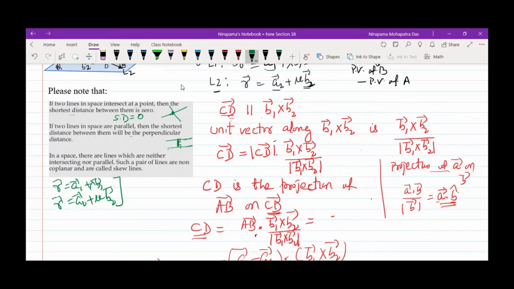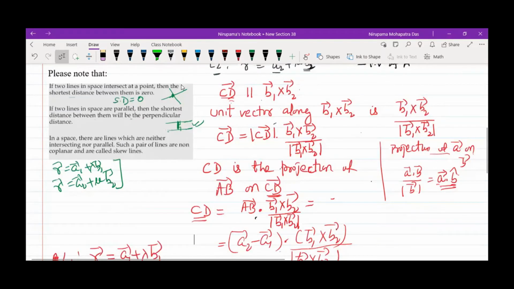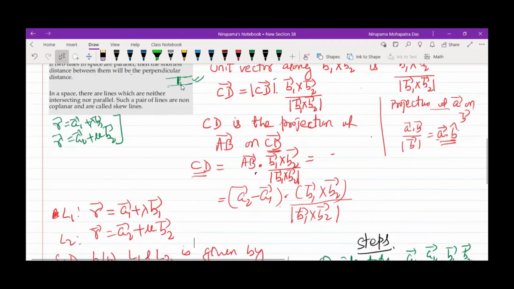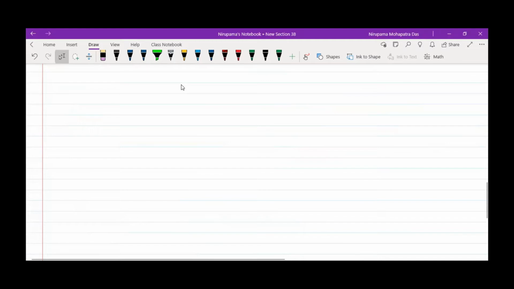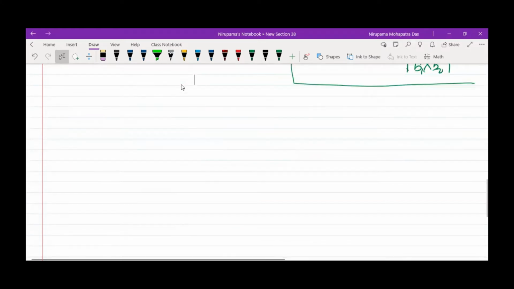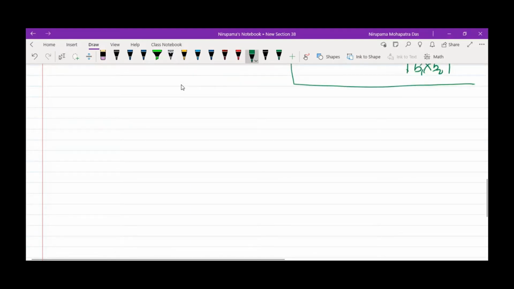Now this one I will tell you before I go to the questions. If the lines are parallel, they may be in the same plane also, right? Because skew lines are not parallel to each other.